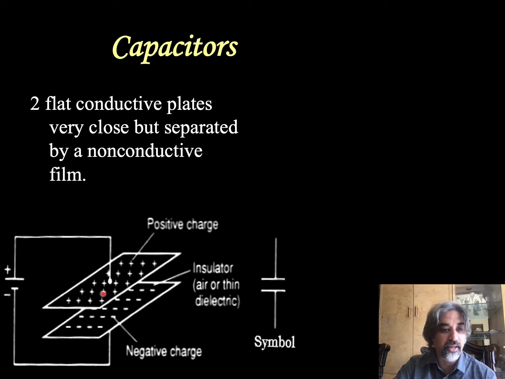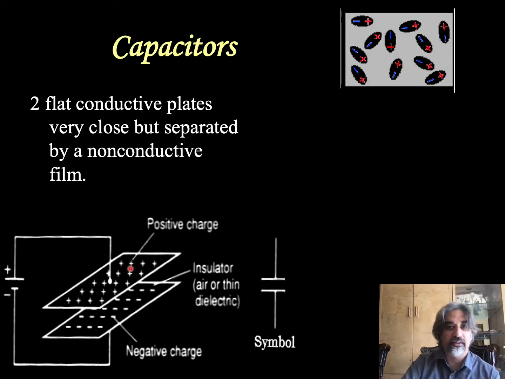And they can't go across because there's either air or a non-conductive insulation in there. So this accumulation induces charges of opposite polarity to accumulate on the other side of the dielectric due to electrostatic attraction. This is just like the comb and the paper, but let's take a look at the dielectric.